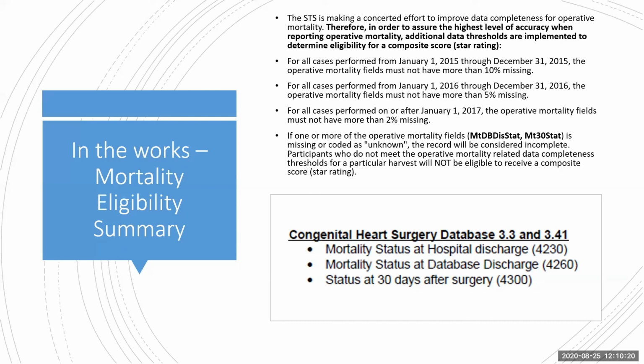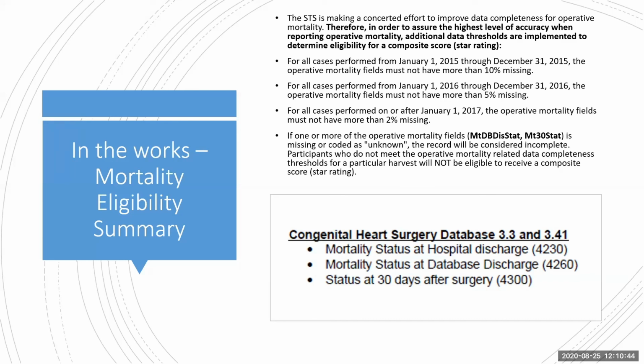For all cases performed from January 2015 through December 2015, operative mortality fields must not have more than 10% missing. For cases performed in 2016, your operative mortality fields must not have more than 5% missing. For cases performed on or after January 2017, your operative mortality fields must not have more than 2% missing.